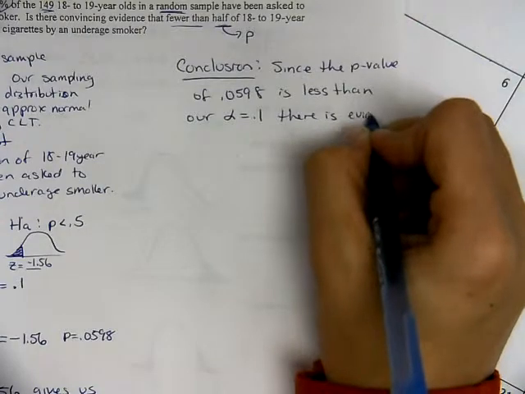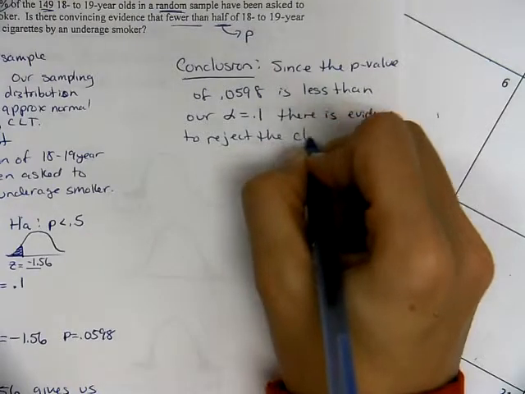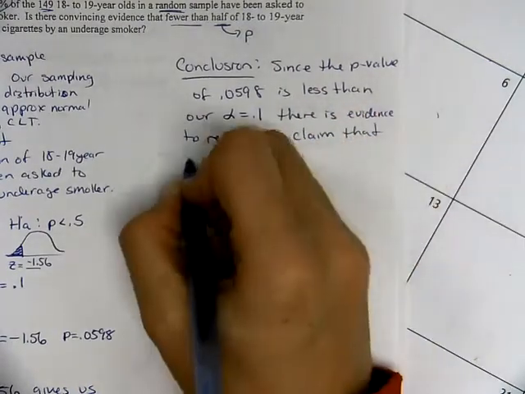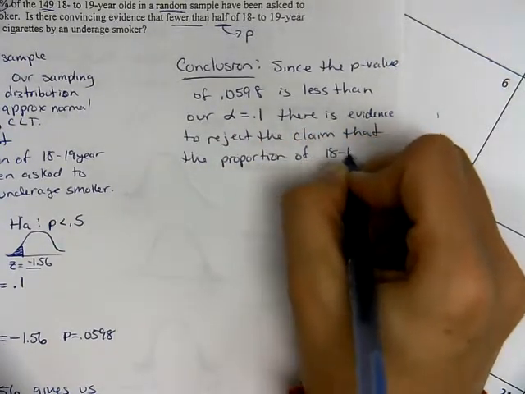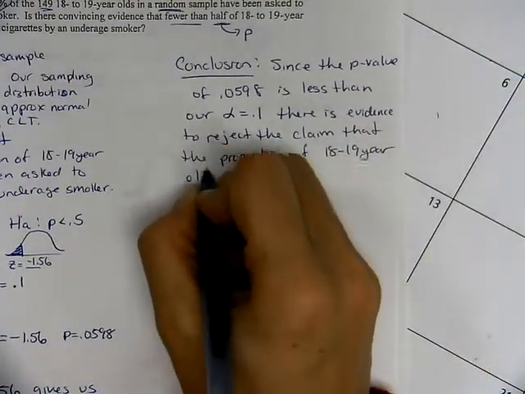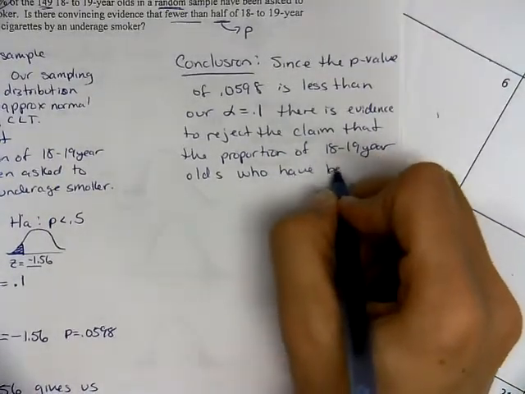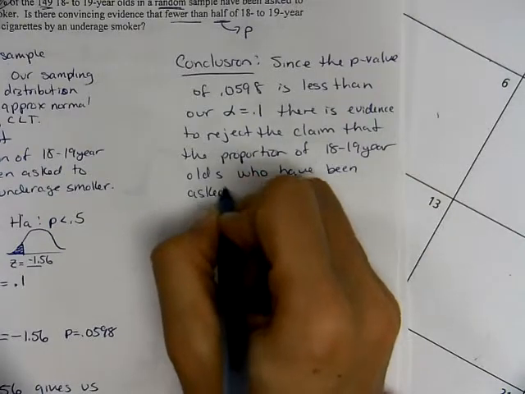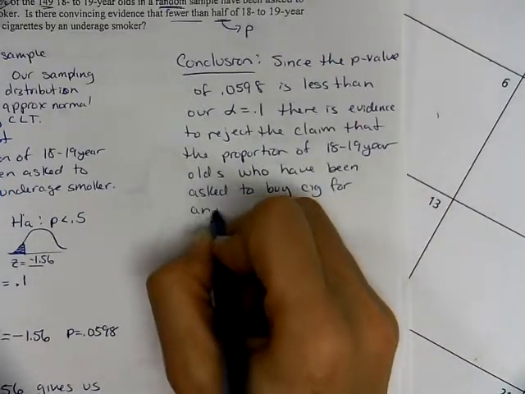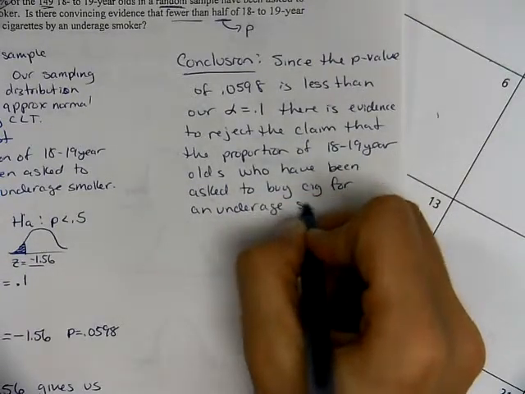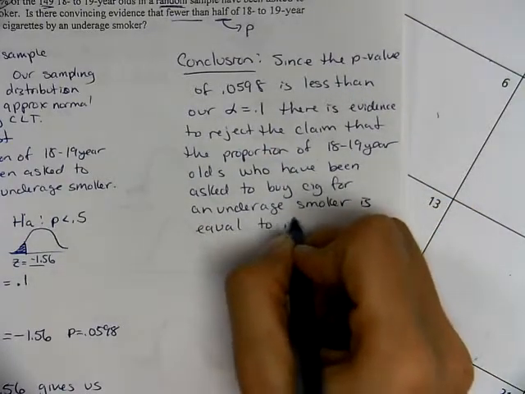there is evidence to reject the claim that the proportion of 18 to 19-year-olds, so long sentence, who have been asked to buy cigarettes for an underage smoker is equal to 0.5.